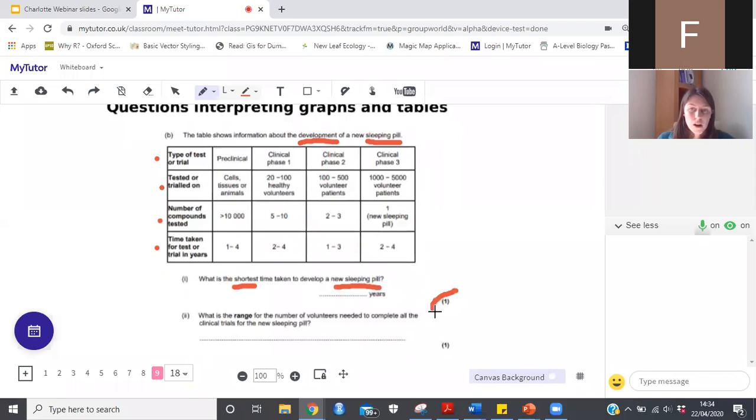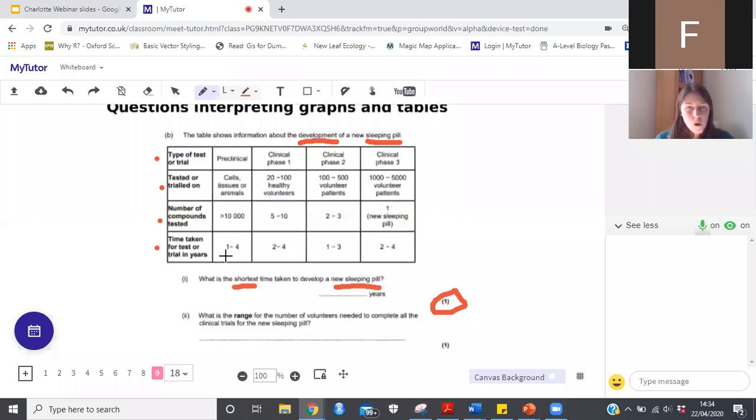Okay, it's 1 mark. So the shortest time would be assuming that each of those clinical phases or preclinical phase took the shortest time it possibly could.